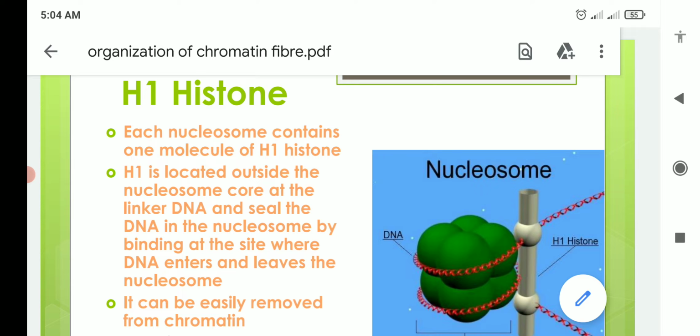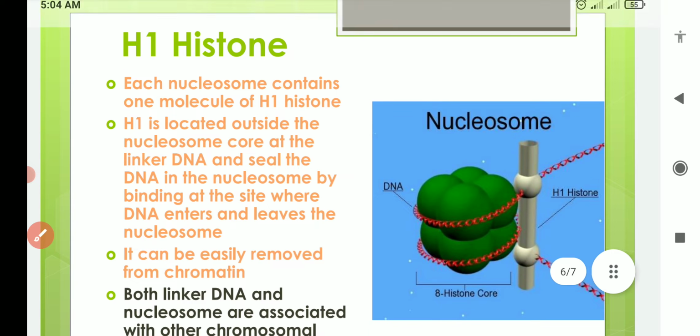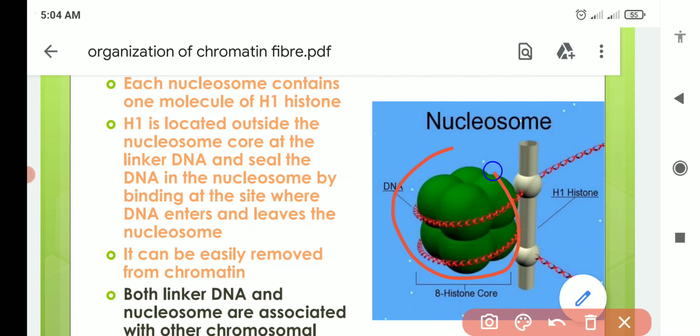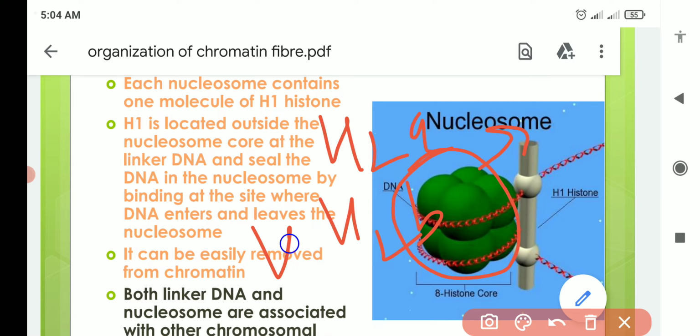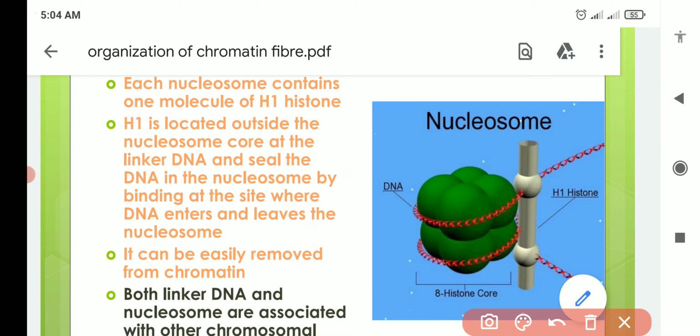Likewise, we have discussed that each nucleosome contains two molecules each of H2A, H2B, H3 and H4. So only one molecule of H1 histone is present in one octamer, or one nucleosome.